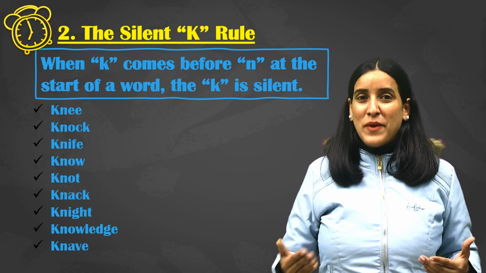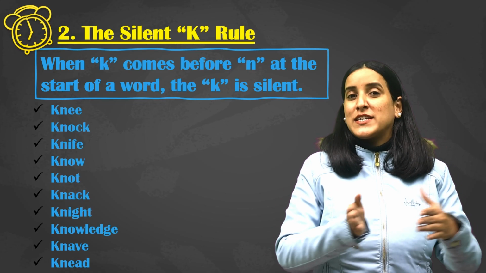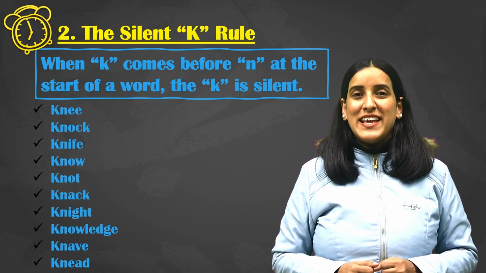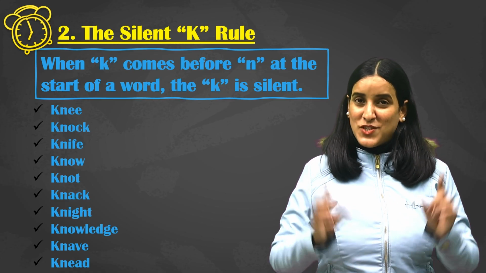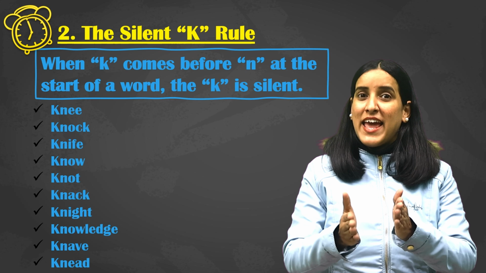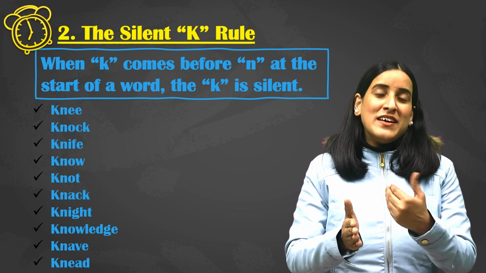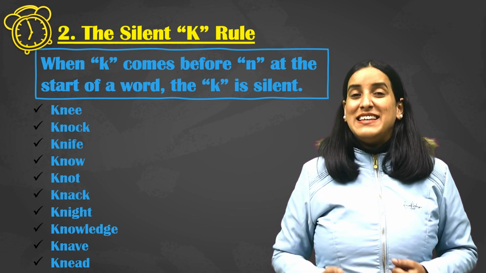What about this one? Very nice. We pronounce it as knave and not knave. And the last one is need and not knead, right? I hope you're able to understand. So whenever a word begins with a combination of these letters, K and N, we have to keep the letter K silent and we have to pronounce directly from letter N.